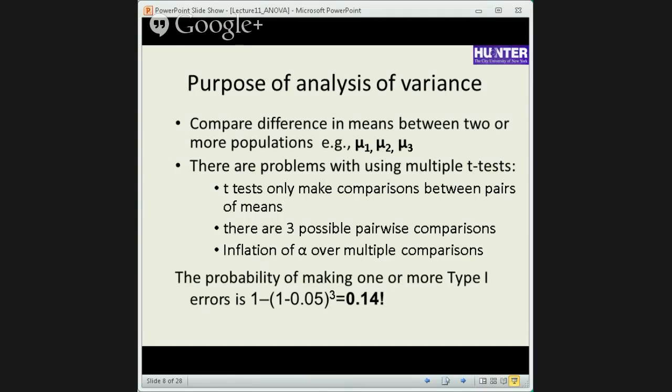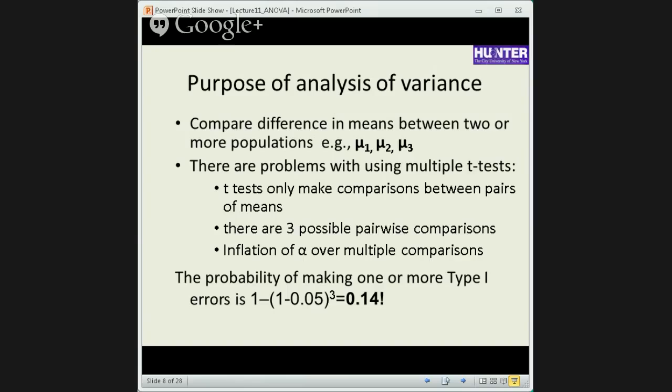As an example, just to do a little calculation, in each one of your tests, your probability of having a type 1 error would be 0.05. Your probability of not having a type 1 error is 0.95. Your probability of not having a type 1 error 3 times in a row is going to be 0.95 cubed.